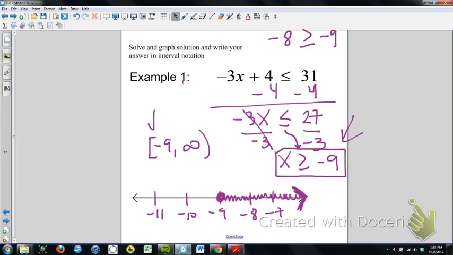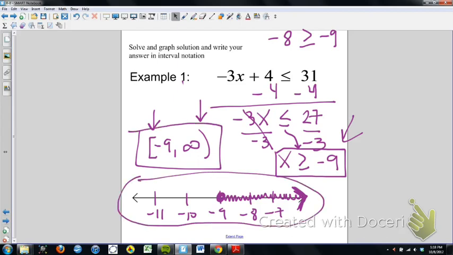So notice I can include negative 9, so I use a square bracket. And I never use a square bracket when including infinity. So that is these three things right here. The representation of the solution set with an inequality, with interval notation, and with graphing are three equivalent forms of the same thing.